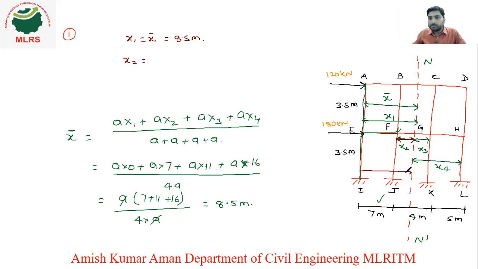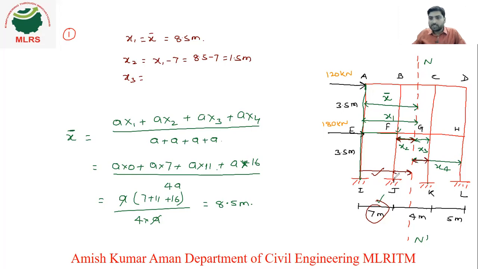Now from here to here, the distance is x1. This is x1, right? And from here to here we need to find. So we need to remove this distance from x1. What is that distance? 7. So we can write it as x1 minus 7. That is 8.5 minus 7, which is equal to 1.5 meter. Similarly, if we calculate x3, what is x3 here?